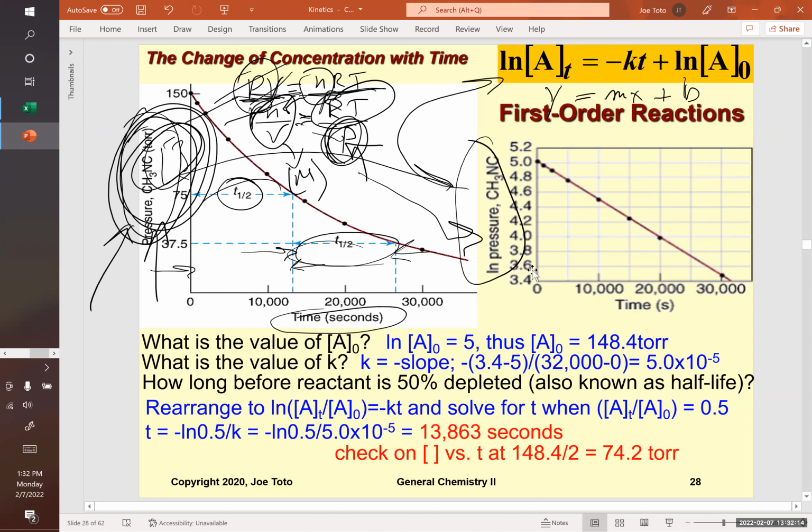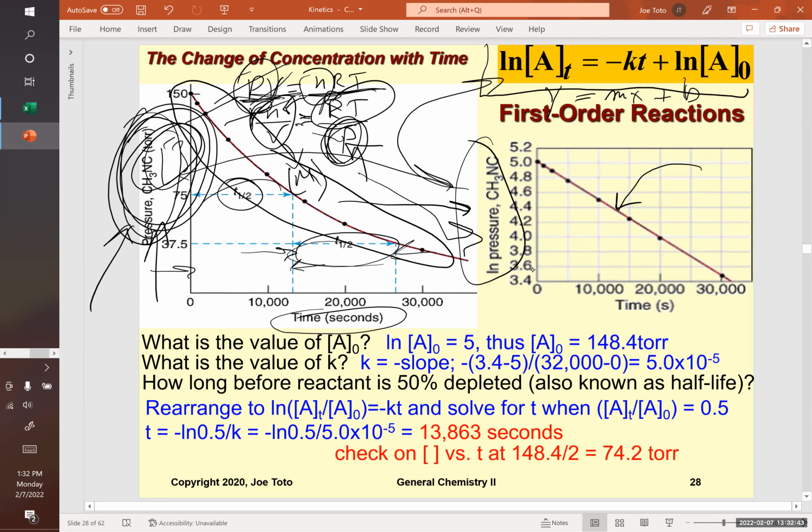Now, if you convert that concentration data to the log of concentration and you get a linear function, that's an indication that you're dealing with a first order reaction process, because it's behaving like the integrated rate law for first order predicted, where this is y, the log of the concentration, versus time, x.